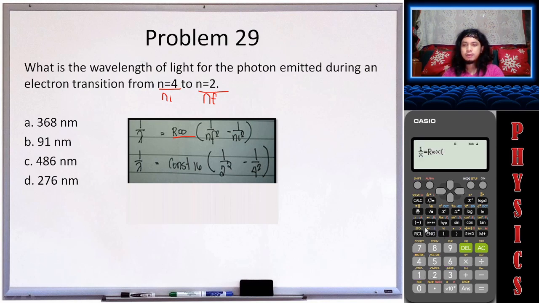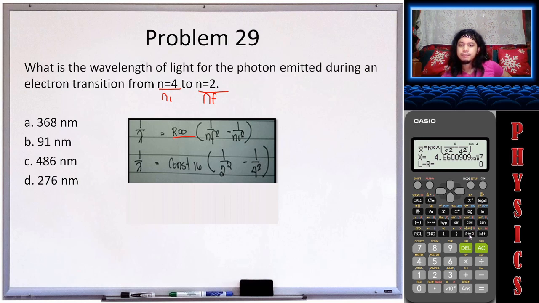Ayun, no? Kagayang-kagaya nung itsura. May infinity. So, 1 over 4 square. Shift solve. Equals. And then we get 4.86 times 10 to the negative 7, or pag ginawa natin siyang nanometers.